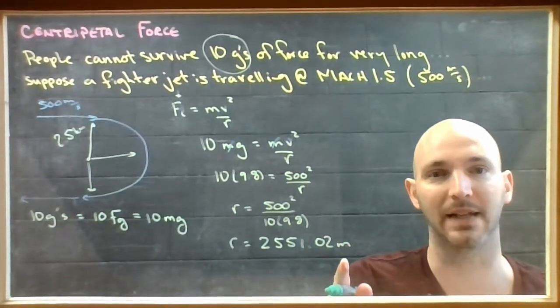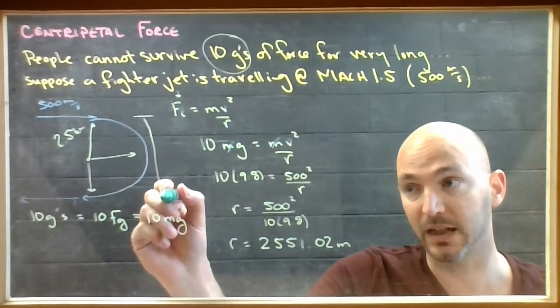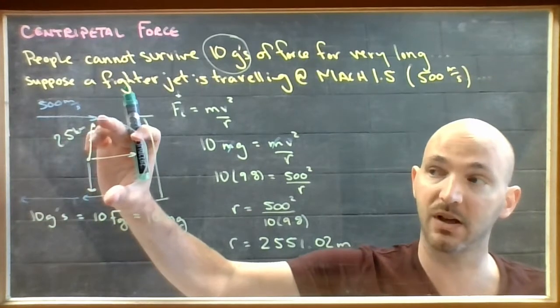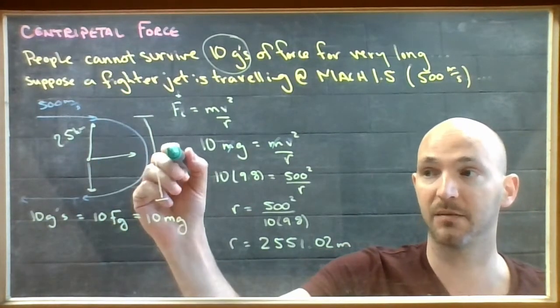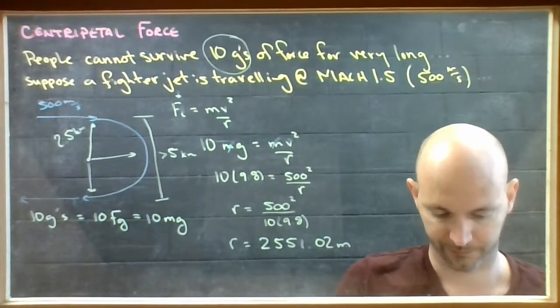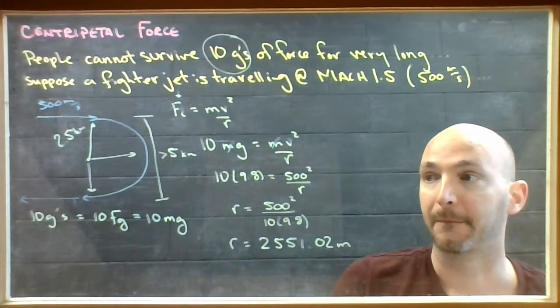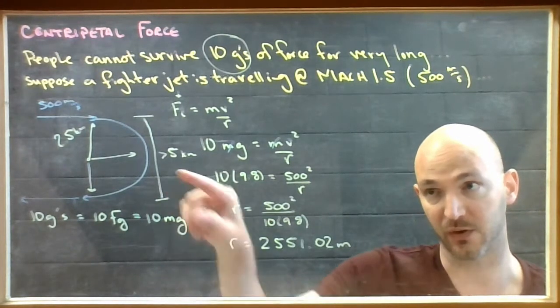And that's just a radius. That means that the distance, from here to here, the horizontal drift you're going to have as your plane tries to turn around ends up being greater than 5 kilometers. That's quite a bit of land to cover just to turn your plane around.